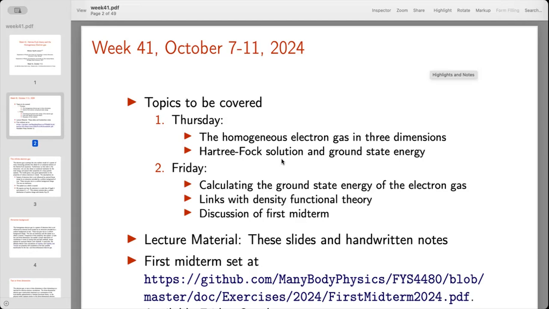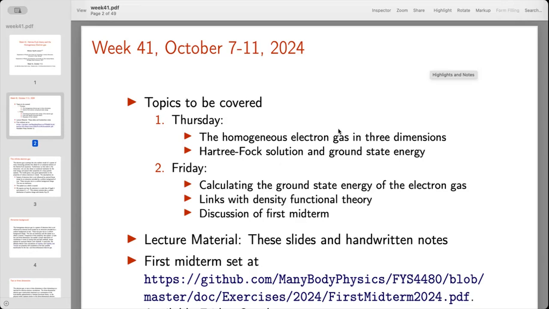So the technicalities which you will see today, they apply equally well to infinite nuclear matter and matter as we expect to have in a neutron star. So if you replace the Coulomb interaction between electrons with a strong force, you have essentially the same kind of machinery, which you need in order to find the energy of a neutron star per particle.